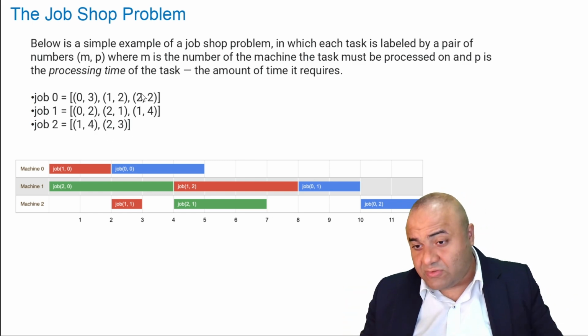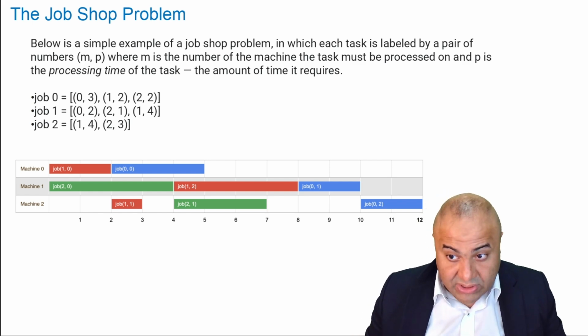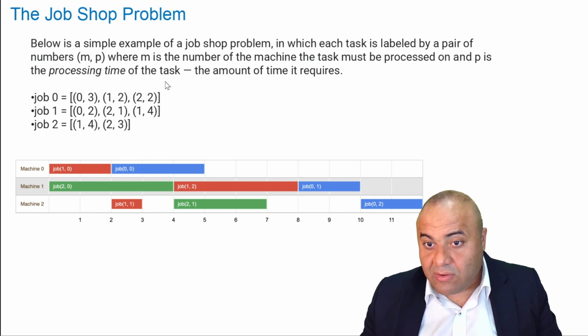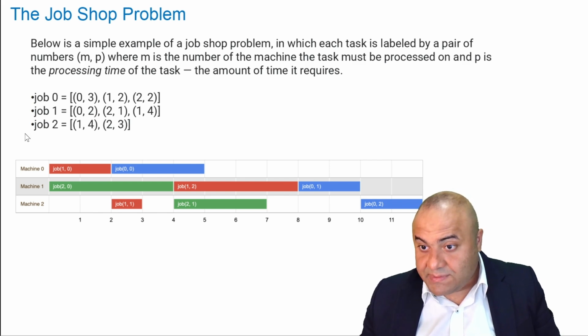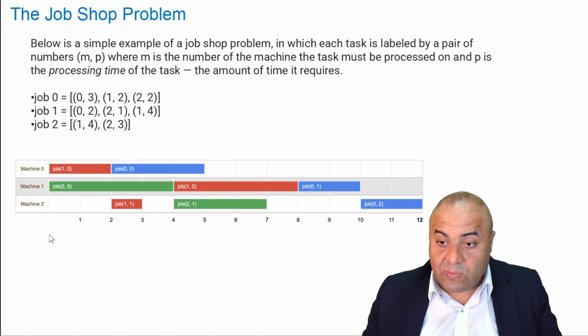Now, what we're going to do is take this data and schedule these machines. Our purpose is to apply all these jobs on our machines, which are machine 0, machine 1, and machine 2. And we're trying to reduce the total duration.